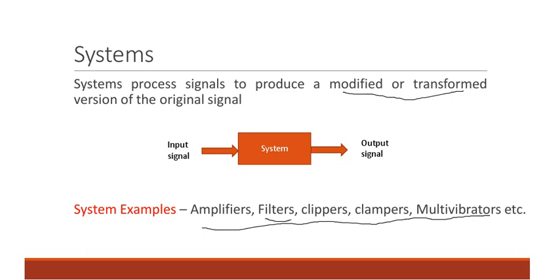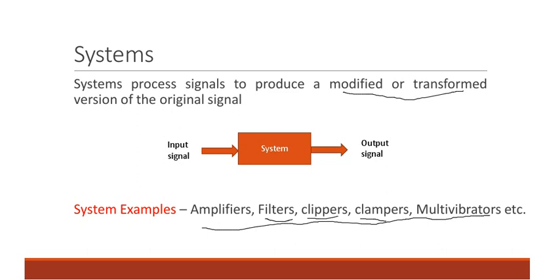Filters. You have designed so many filters, a low pass filter, a high pass filter. Right? They take a certain set of input and give you a modified form of output. So filters are nothing but a system. Clippers, clampers that you have designed, all these are systems because they give you a modified form of the input signal.